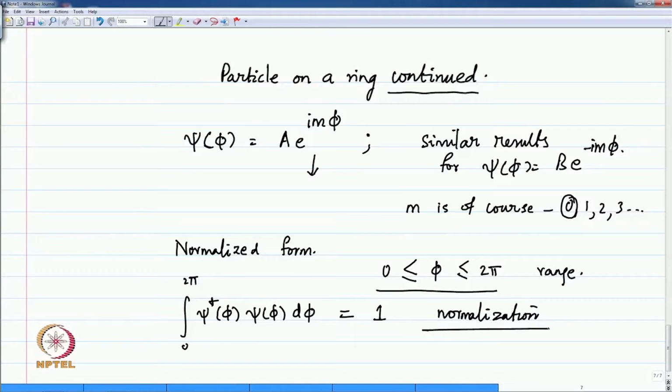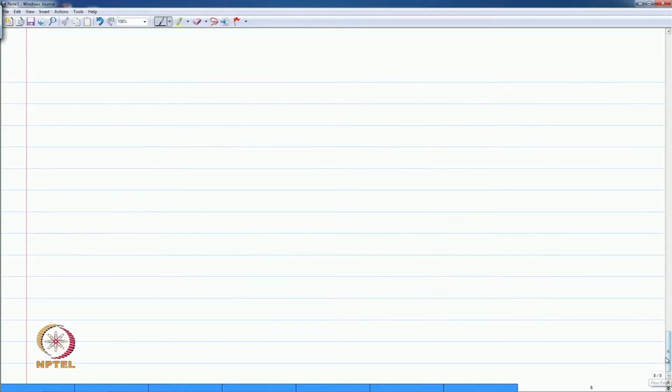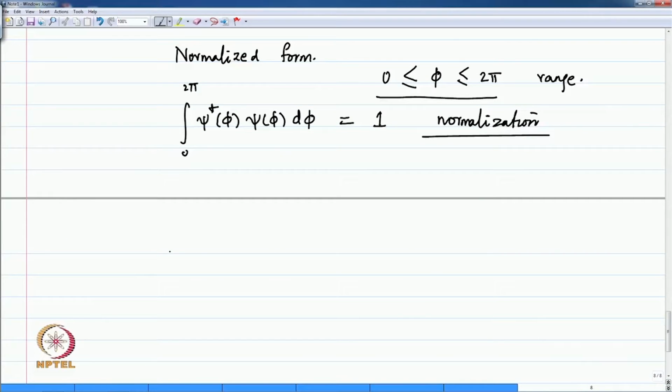So, if you do that, then psi star phi is a star e to the minus i m phi, because we do not know what a is, whether a is real or imaginary, but we will write it as a star.